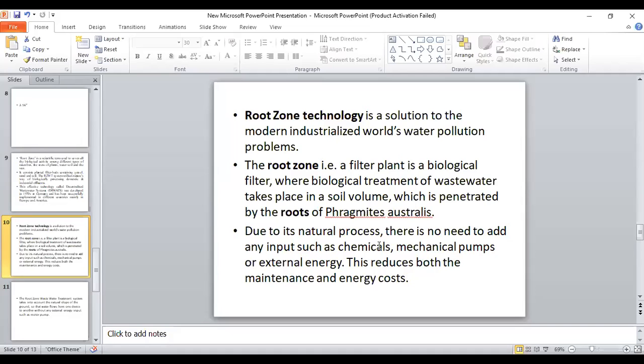It reduces both maintenance and energy costs. That's why this technology has become very popular. If any of you are interested in performing the experiment, once the physical college starts, we will try to take this up as a project and analyze it.